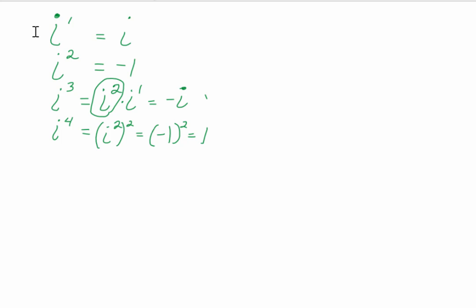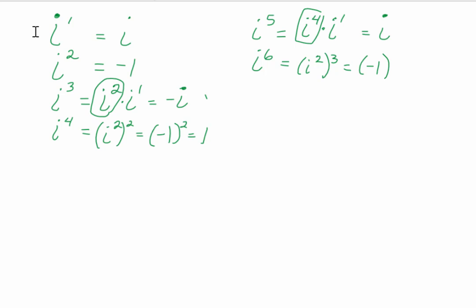All right, so then what about i to the fifth? Well, i to the fifth is i to the fourth times i, isn't it? I to the first, right? And i to the fourth, we just found that. That was 1. So this is i. Okay, and then what about i to the sixth? Well, that's i squared cubed, which is -1 cubed, which is -1.